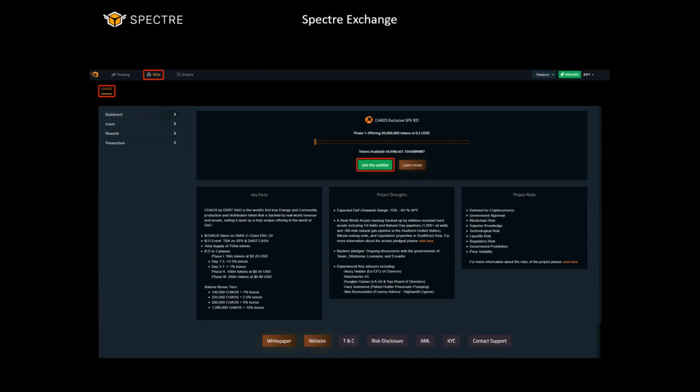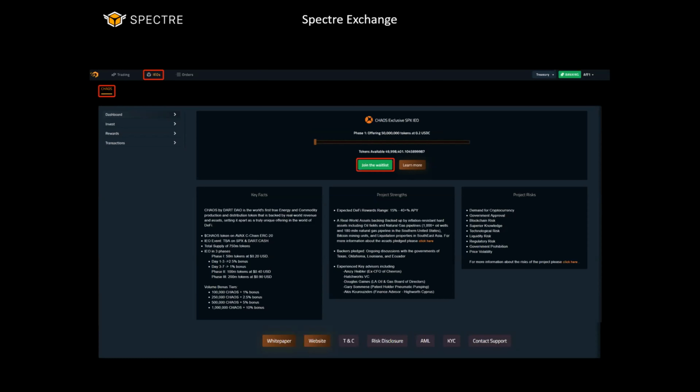It's very important for you to know that you need to have submitted your KYC application, and it needs to be approved before you can participate in any IEO or place any order in the order book.